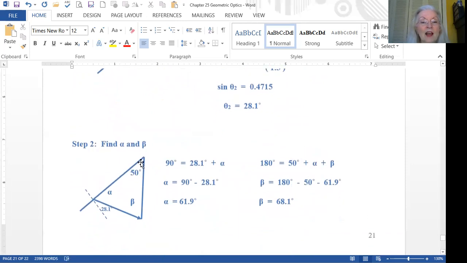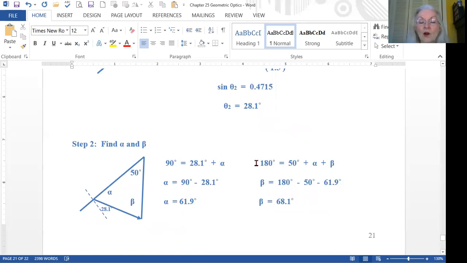So this is that 50-degree angle point on our original diagram. So that's the top point in our prism. Here's that 28.1 degree angle that we know. This is alpha that we need to find, and we're actually going to need beta too. So I've already said that 90 is going to equal alpha plus that 28.1 degrees. That means alpha is 61.9 degrees.